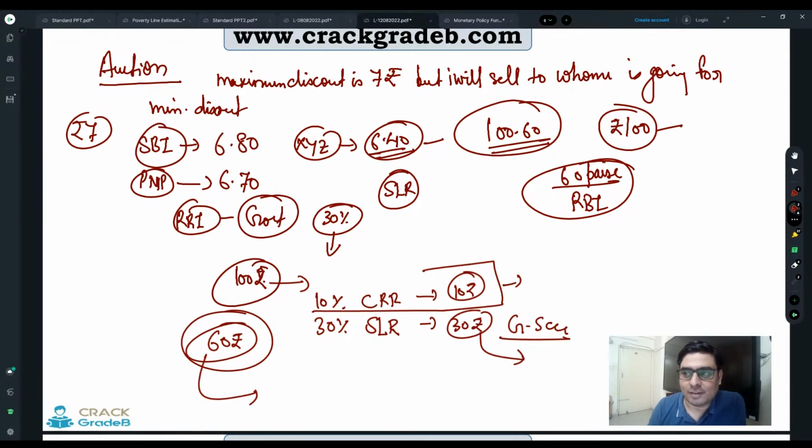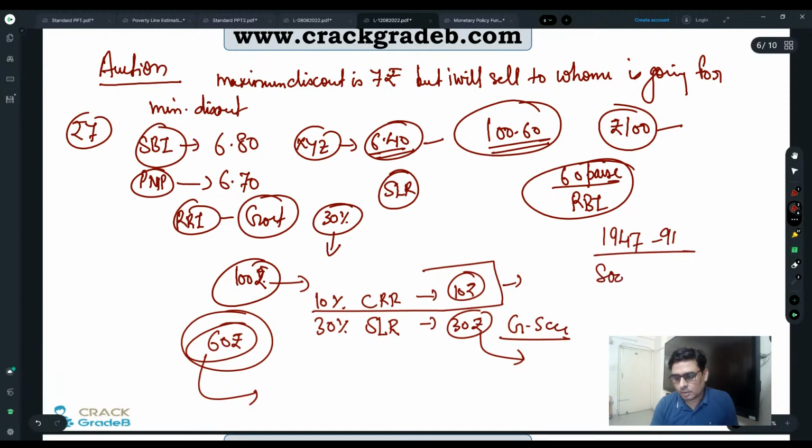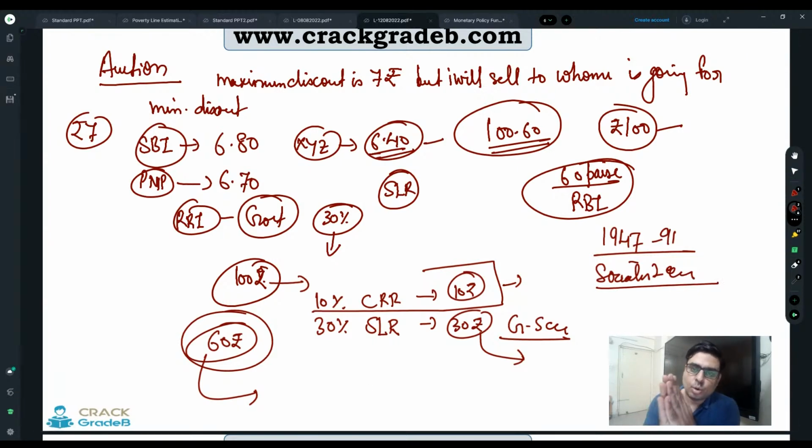So in that way, we have never said to anyone that the private sector is not allowed, but we made sure that the private sector should not flourish. This was the policy of India from 1947 to 1991. Socialist economy. In 1991 the economy was opened.